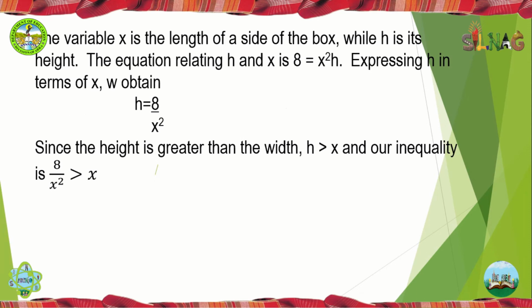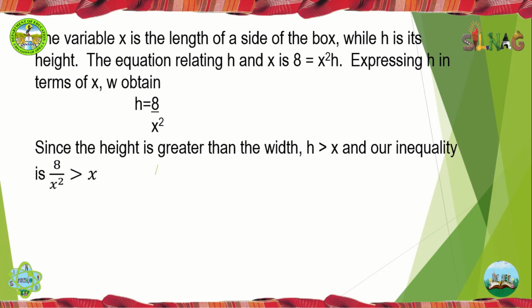The equation relating h and x is 8 is equal to x squared h, because the volume of a box is length times width times height and the base of the box is a square. Expressing h in terms of x, we obtain h is equal to 8 over x squared.